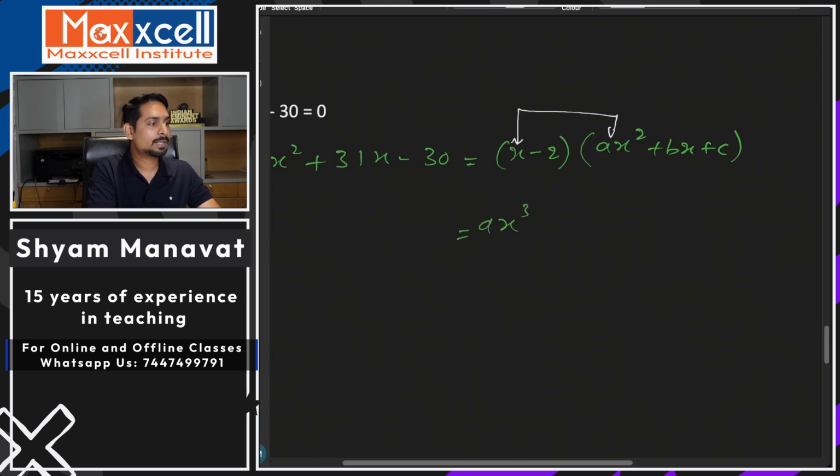Now for the square term, I will have x into bx, which is bx square, and minus 2 into ax square, which gives minus 2ax square.